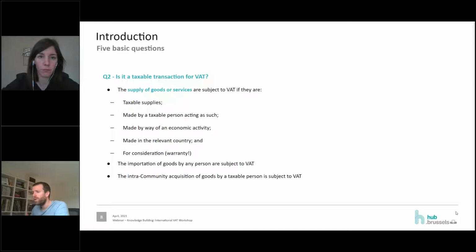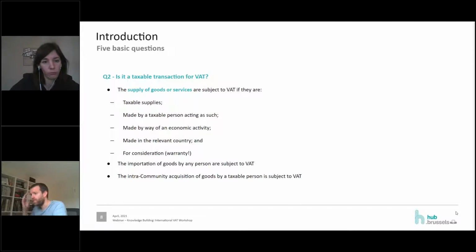So that's why we're talking about either local supply of goods, an import or an export of goods when it involves a country that is not within the European Union, and intracommunity acquisition of goods or intracommunity supply of goods if it involves companies that are located in a country within the European Union.